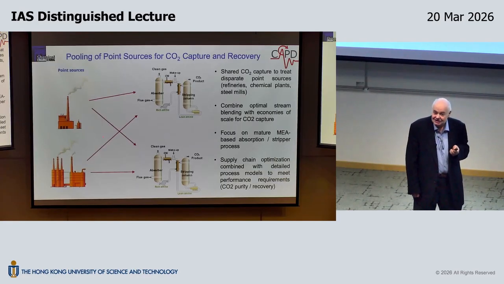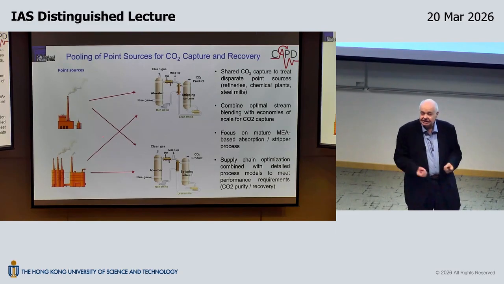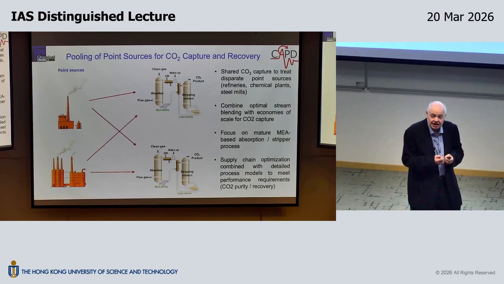So that's the problem that we need to solve. If we do this, we're going to find that we need to take all of these point sources, consider this flow sheet or a bunch of these flow sheets that we need to design, and of course we want to separate out the CO2 at minimum cost. All right, so let's take a look at that.